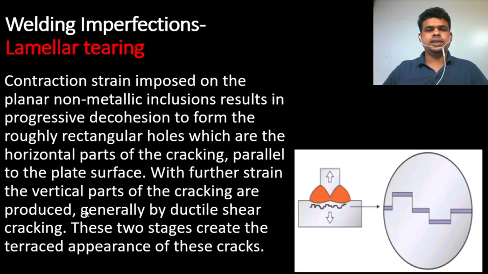With further strain, the vertical parts of the cracking are produced, generally by ductile shear cracking. These two stages create the stepped appearance of this cracking. So these are the things that are responsible for laminar tearing.